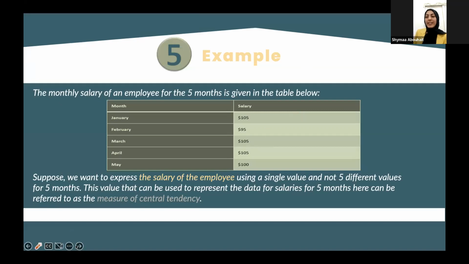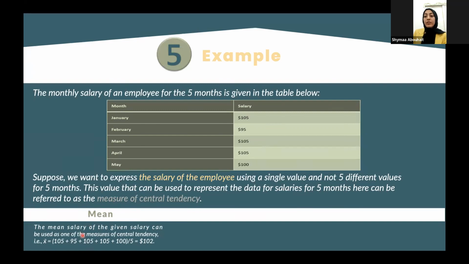We calculate the mean by adding all the numbers in the set of values and dividing by the number of values, which is 105 plus 95 plus another 105, 105, and 100 divided by 5, which will give us $102, and that is the mean monthly salary of an employee.